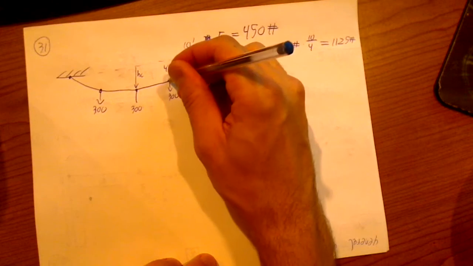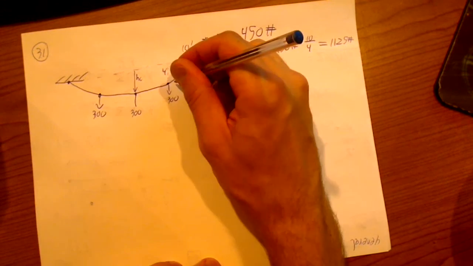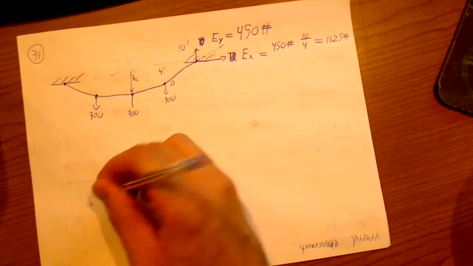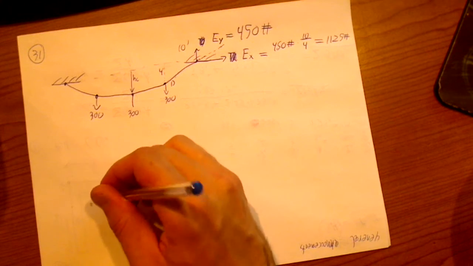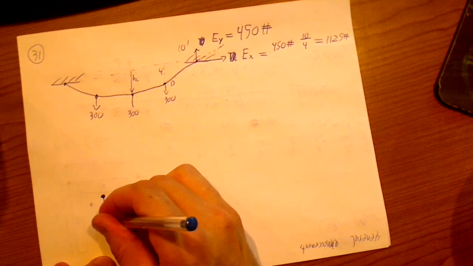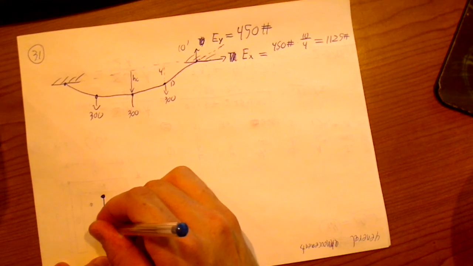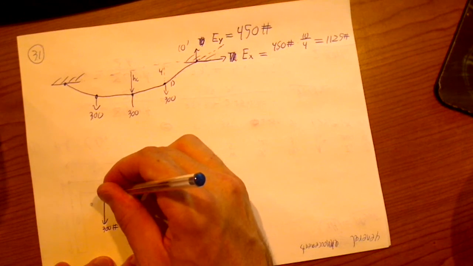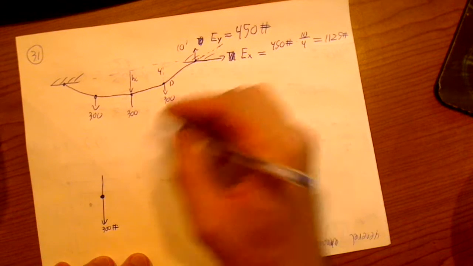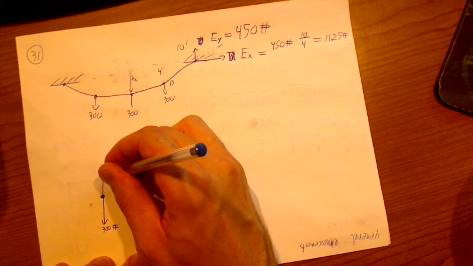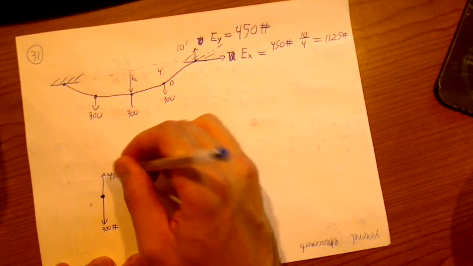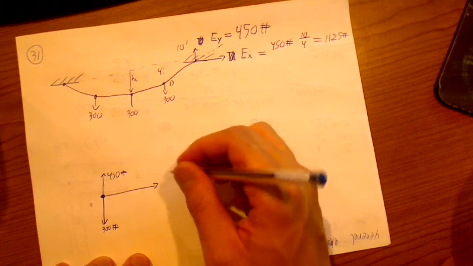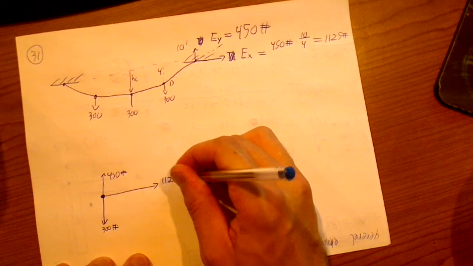Okay, now let's look at D. Point D. We have the weight of 300 pounds. We have EY, and we know what the tension of this wire is, so there's an upload of 450 pounds from the wire. There's a tension this way of 1125 pounds.